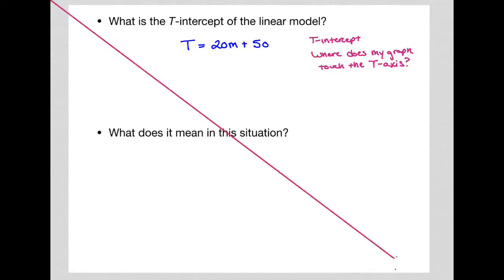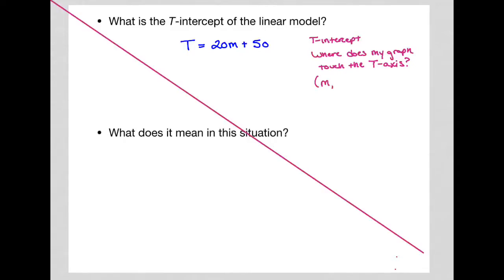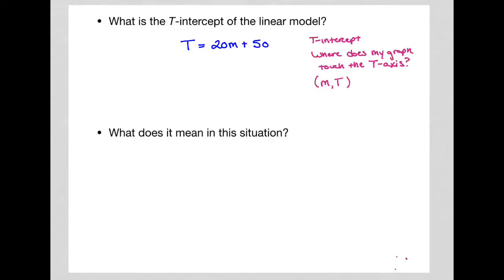So in other words, if we are looking at a coordinate point where m was our independent variable and t is our dependent variable, then our t-intercept would have a coordinate point that looks like this. So here we are using a 0. In order to uncover that, that means that we would put 0 in for m.